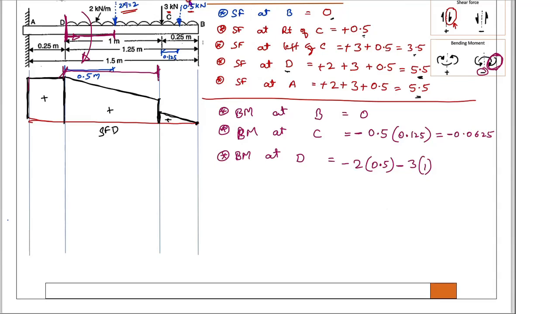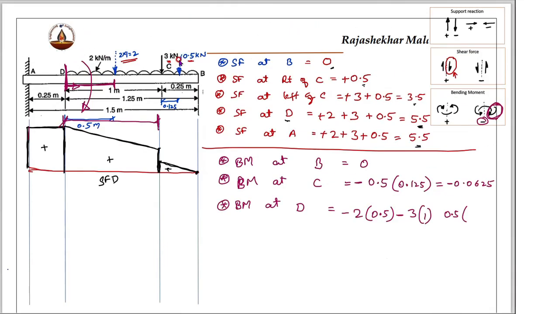Next, another force is 0.5 kilonewton causing a moment, and that distance is, let's show in the top, that distance is from here to here. Okay? Then this is 0.125 and from here to here is 1 meter. Therefore, 1.125. This is also negative.